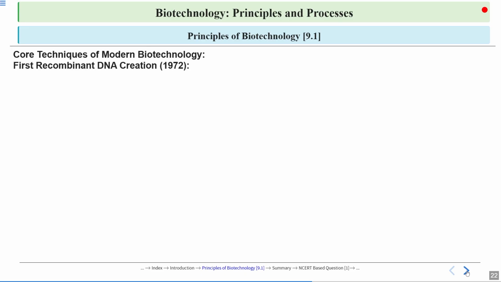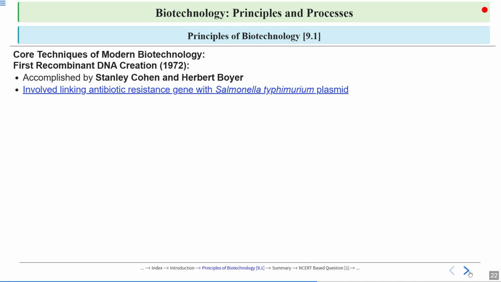The first recombinant DNA was formed in 1972 by two scientists, Stanley Cohen and Herbert Boyer. So how did it become possible? They linked the antibiotic resistance gene to a native plasmid of Salmonella typhimurium. Now you should know what a plasmid is.